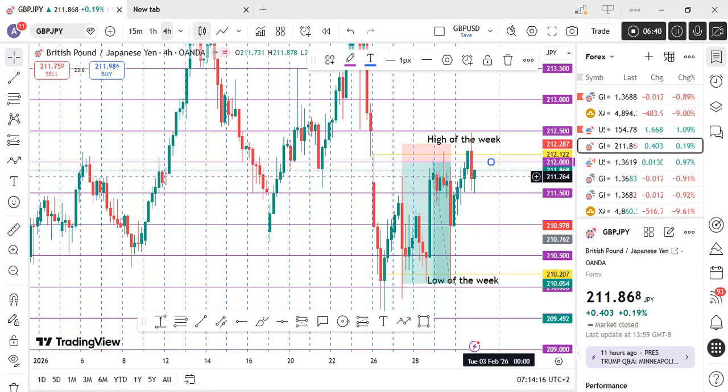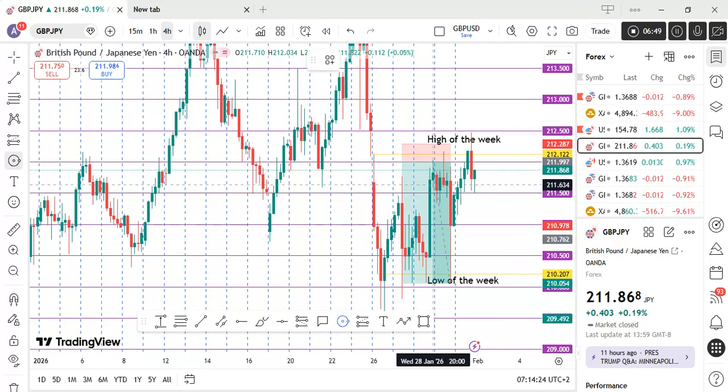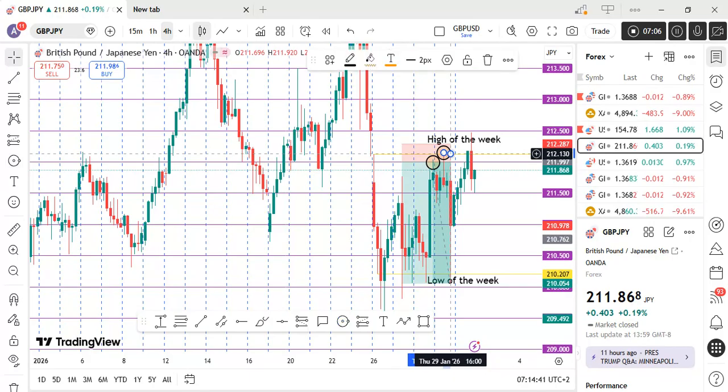I said definitely that should be the entry position that I'm going to go in for a sell. If I highlight it, you can clearly see here should be the first entry position to go in for a sell, and definitely here should be the second entry to go in for a sell trade on GBPJPY.